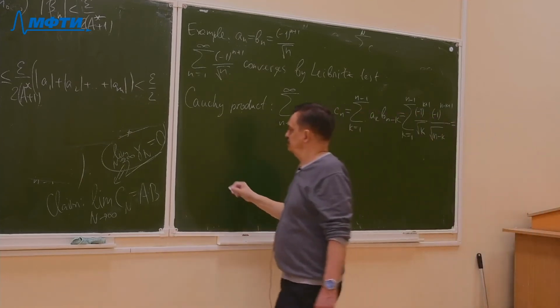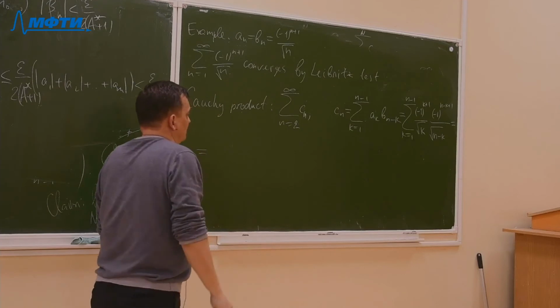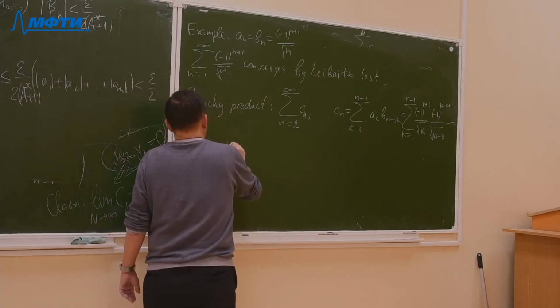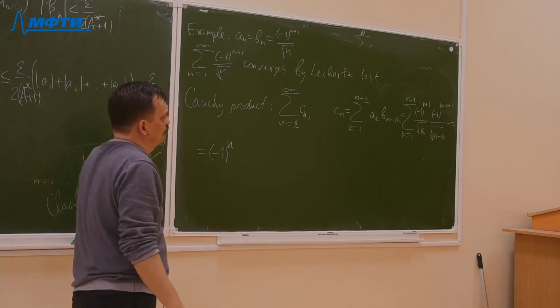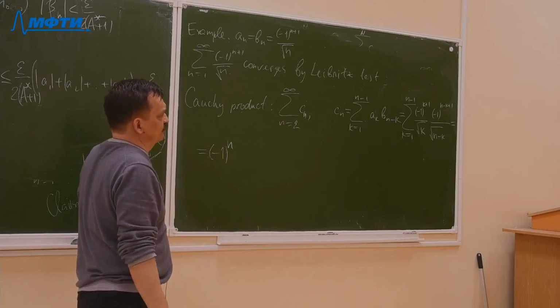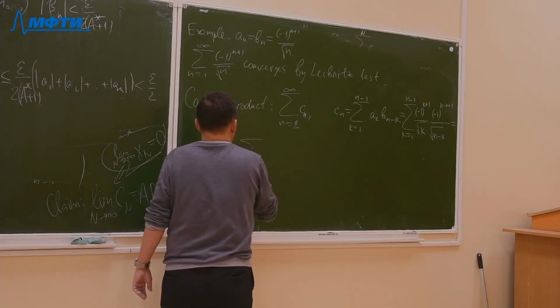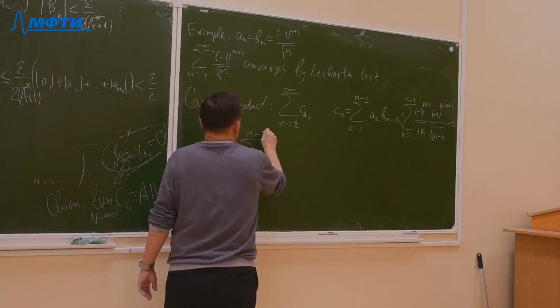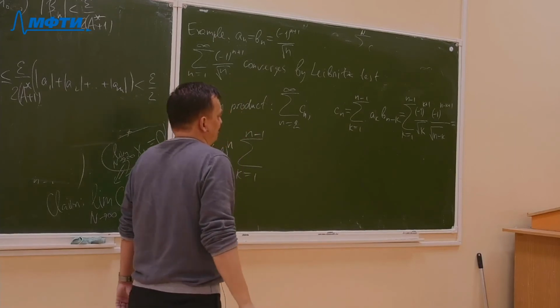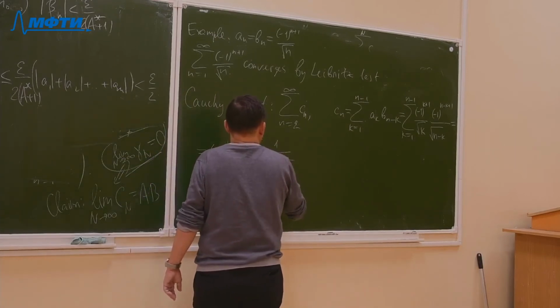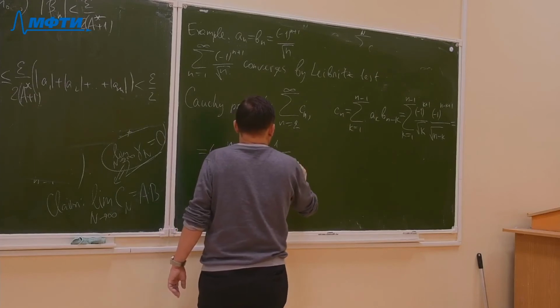What is it? That is minus 1 to the power n plus 2, but minus 1 squared is 1. Sum k from 1 up to n minus 1 of 1 over square root of k times n minus k.